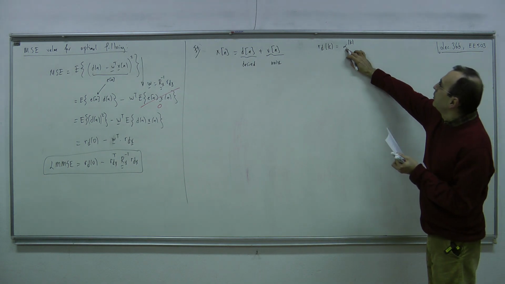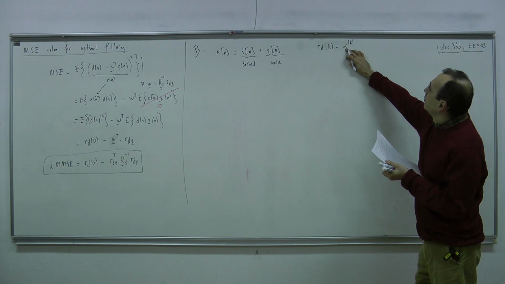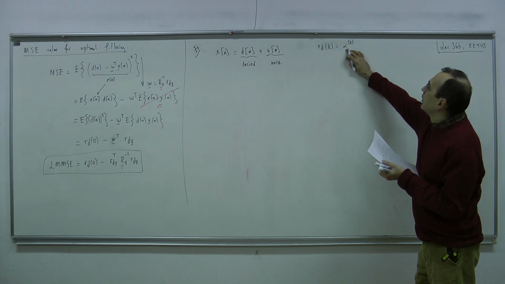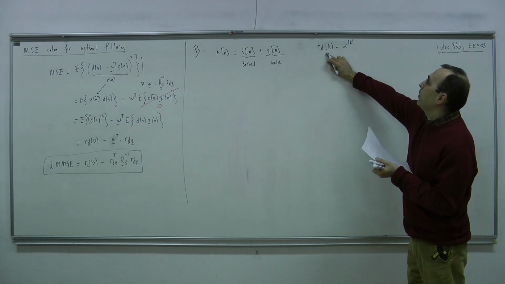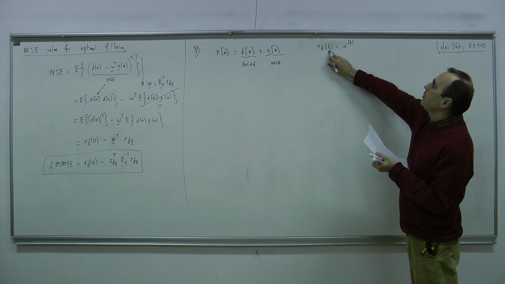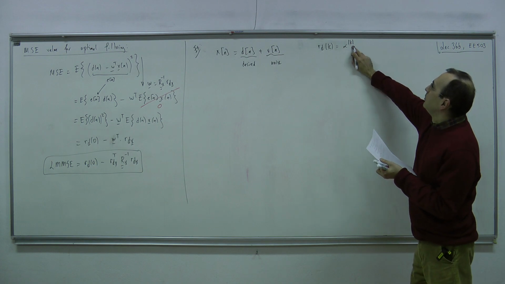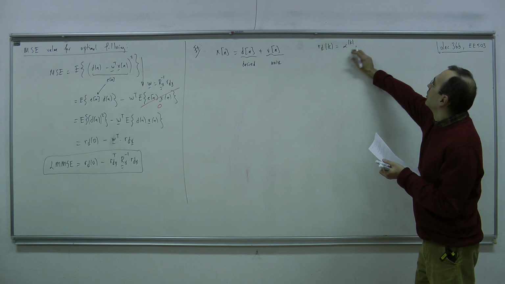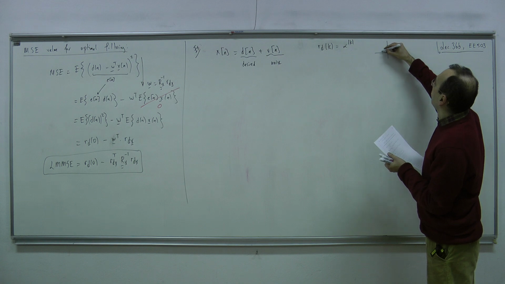For example, if alpha is a large quantity, let's say 0.99, what do I mean by 0.99? When k is equal to 0, I get 1. For k equal to 1, I get alpha. So I can see that this autocorrelation is decaying like that.